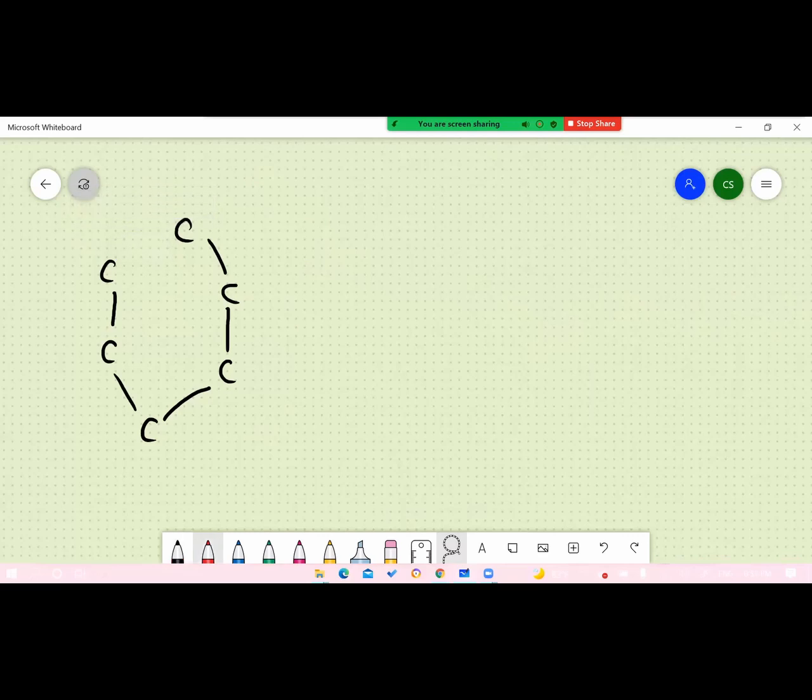The molecular formula tells you exactly how many atoms are in a compound. Like for ethane, the molecular formula would be C2H6. Looking at the structure, let me draw on the H's. Remember carbon can only make 4 bonds. So this would be 1 bond, this would be 1 bond, so it only leaves space for 2 more. That's why it's 2 hydrogens.